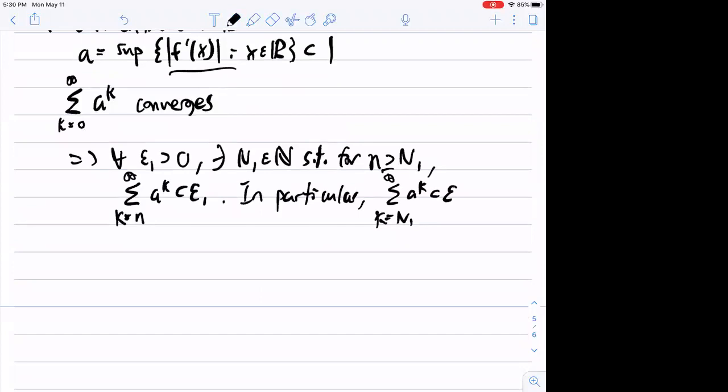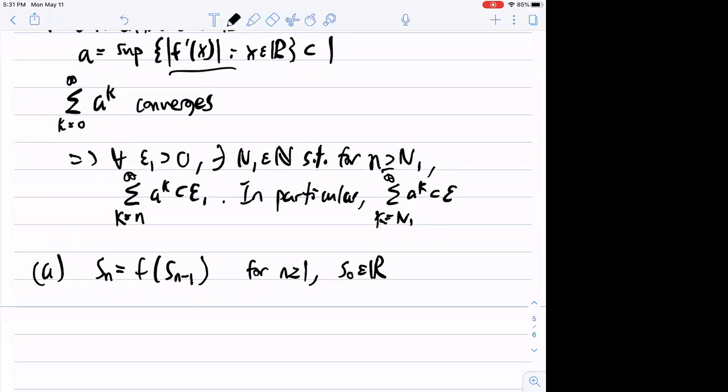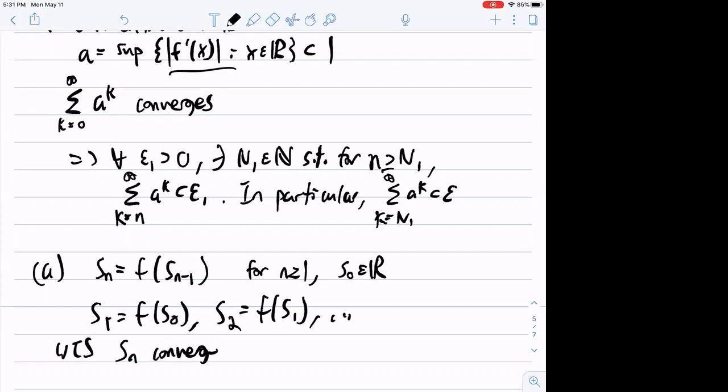So the question for part A is we define Sn to be f of Sn minus 1, and S naught is just some value in R. So S1 is f of S naught, S2 is f of S1. It's a recursive sequence. We want to show Sn converges.